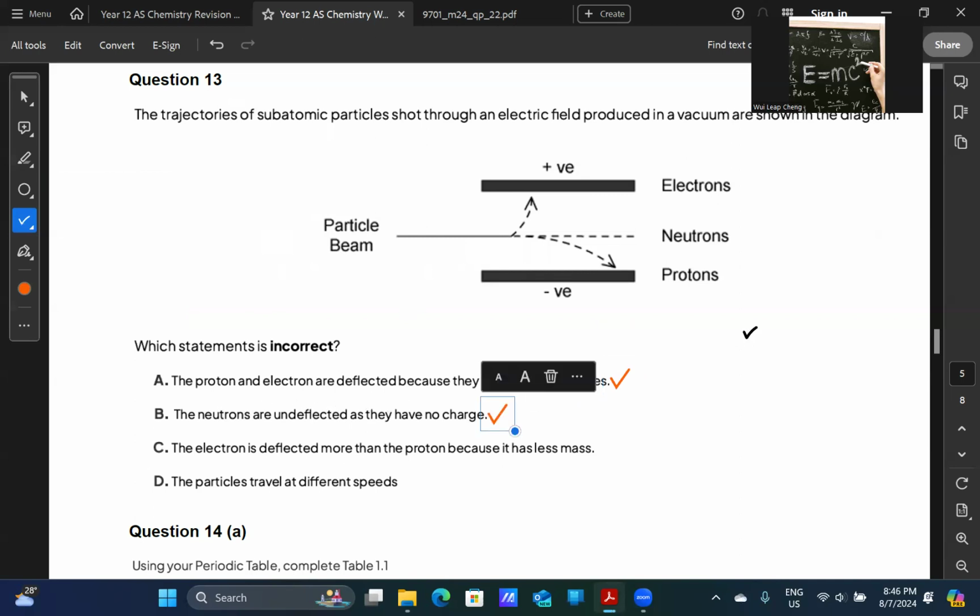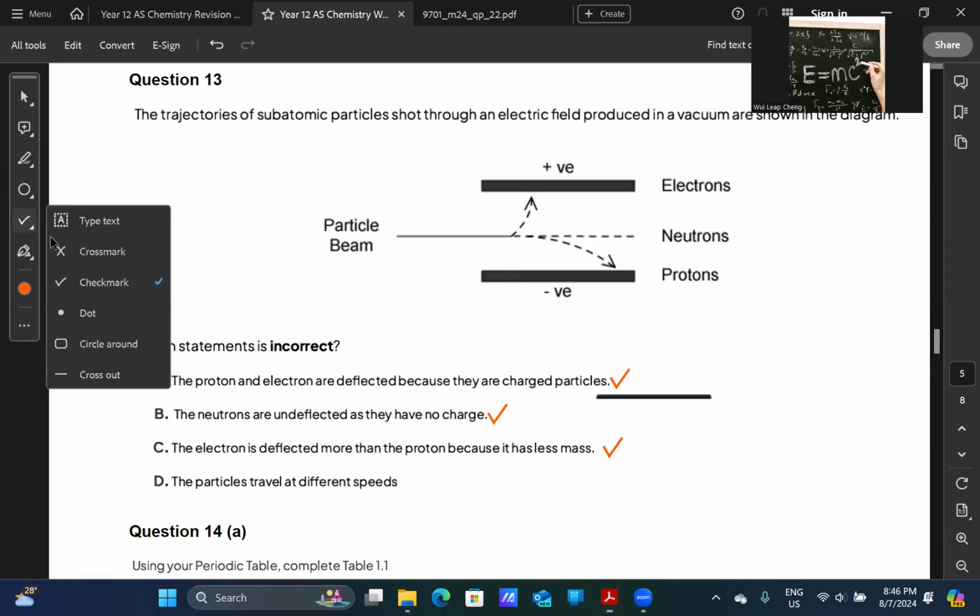Yes, true. Neutrons are neutral. C. The electron is deflected more than the proton because it has less mass. Very true. As you know, the relative mass of one electron is only 1 over 1840, so the mass is very small. D. The particles travel at different speeds. This one is wrong.